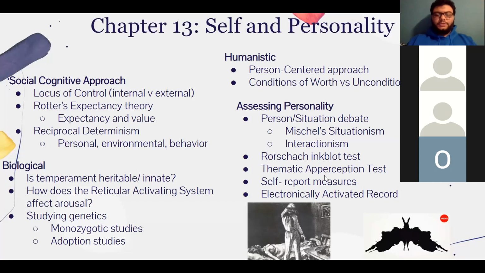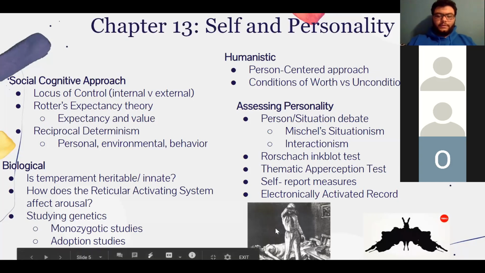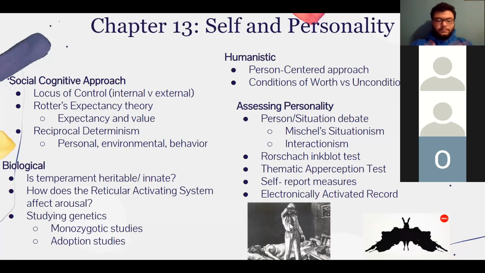Thematic apperception test. So this would be an example of it down here, where a person is shown a picture and they kind of have to explain it to the therapist or psychologist, whoever's asking. And how they answer it would kind of reflect their personality.